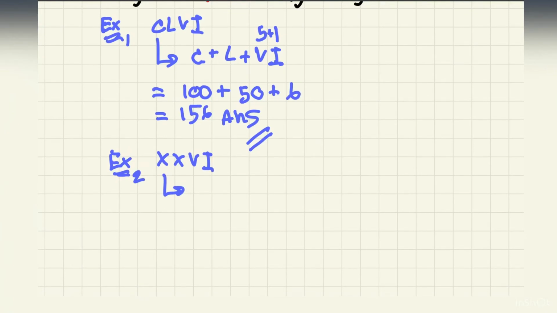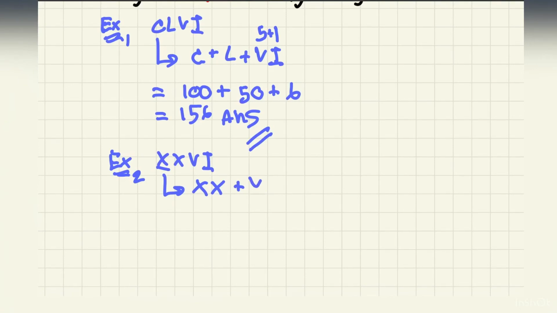So let's start with the X. X is equal to 10. X, because this is 10 and 10. V is equal to 5. So that's another value. So we will separate them into another value.